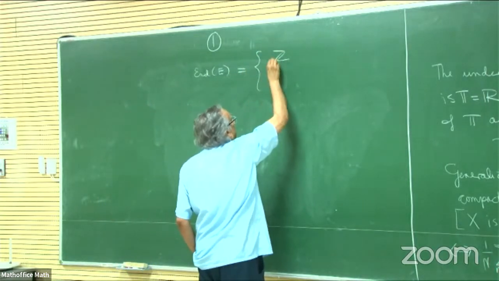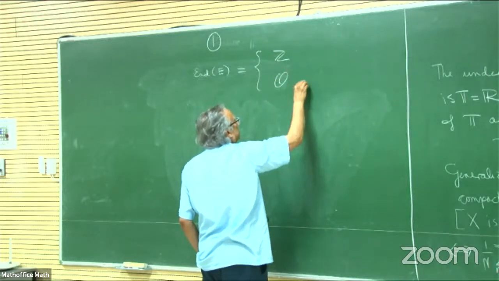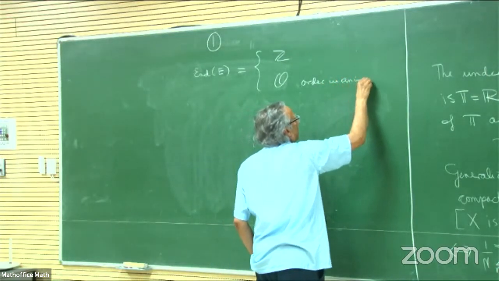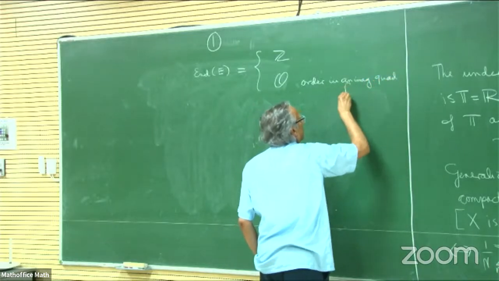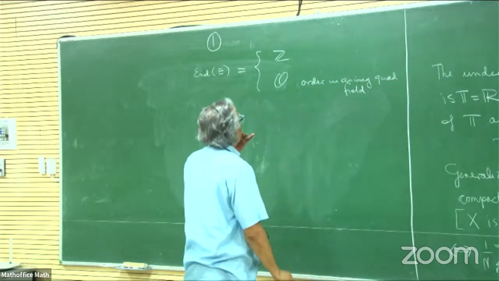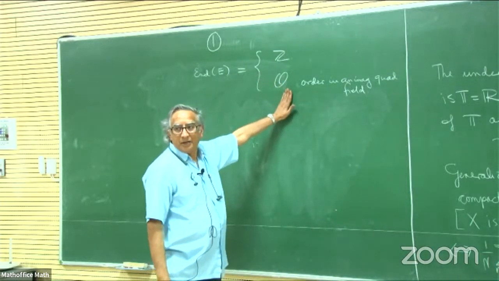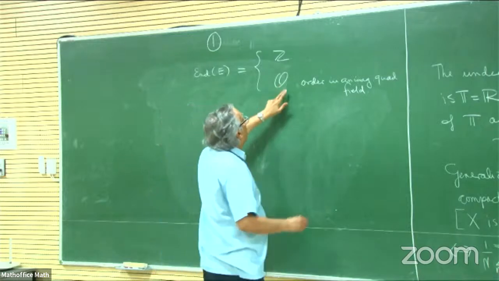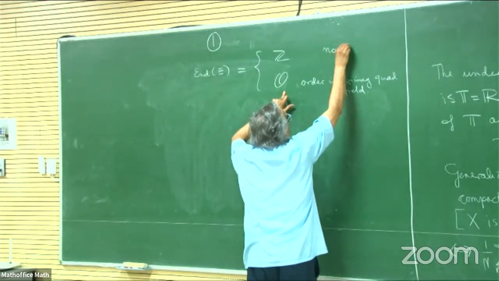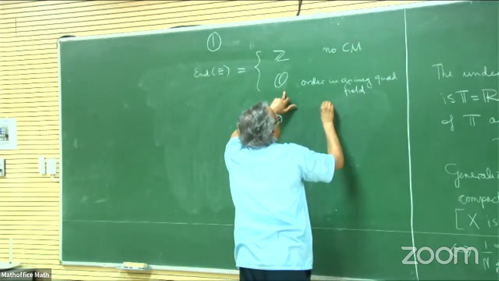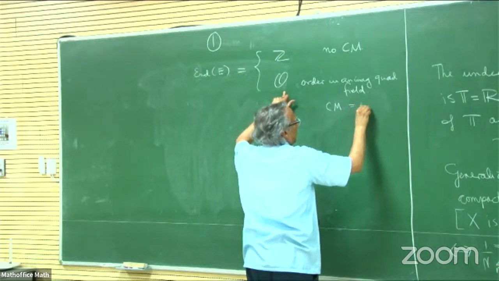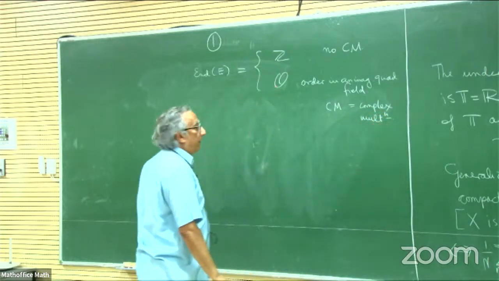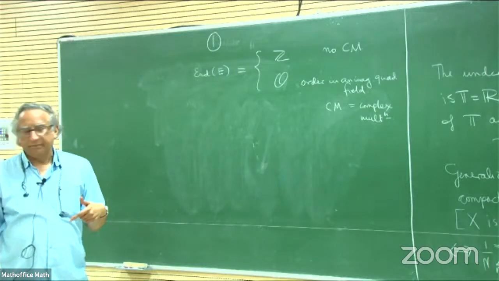It can either be ordinary integers, or it could be some sort of order in an imaginary quadratic field. This is not hard to prove. I'm not going to do it now, but these are the two cases. The endomorphism ring either is ordinary integers or is larger, and is an order in this thing. In this case, we say the elliptic curve has no CM. Here we say the elliptic curve has CM. So CM stands for complex multiplication. In other words, there are extra endomorphisms coming from imaginary quadratic fields.